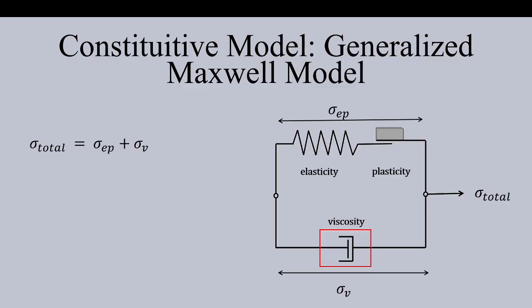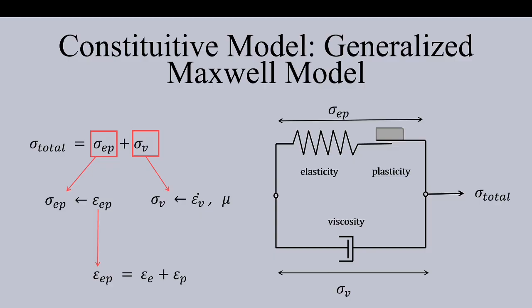Total stress is divided into elastoplastic stress and viscous stress. The elastoplastic stress is controlled by the elastoplastic strain, which is further divided into elastic strain and plastic strain, while the viscous stress is controlled by the viscous strain rate and viscosity.